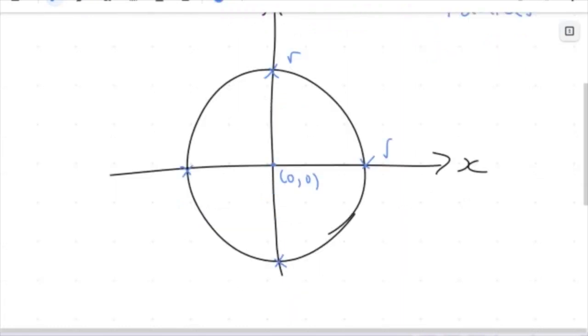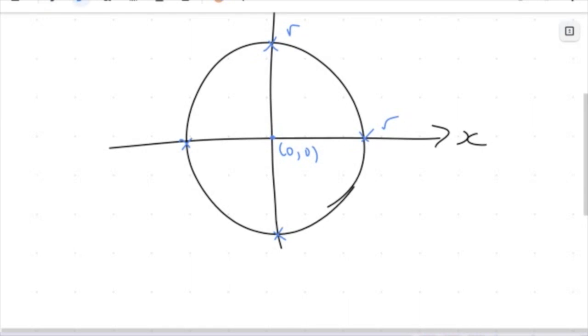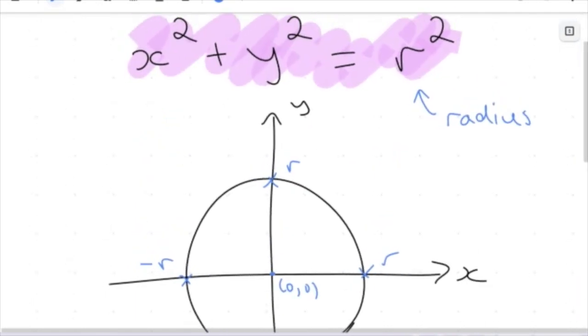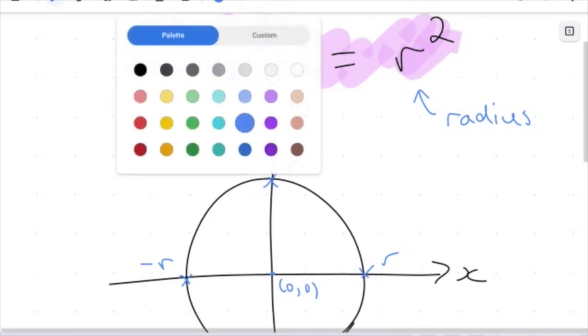And whatever this distance is, when we look at these 2 points, I'm just going to have negative r because this is in the negative x direction, this is in the negative y direction. So we've slightly mapped out how this looks, but we still need to understand why this formula is the way that it is. Now, the radius is always constant for a circle. It's going to be the same wherever we go.